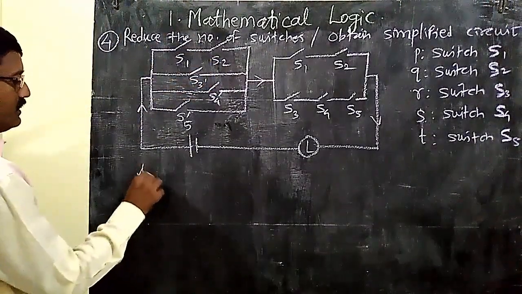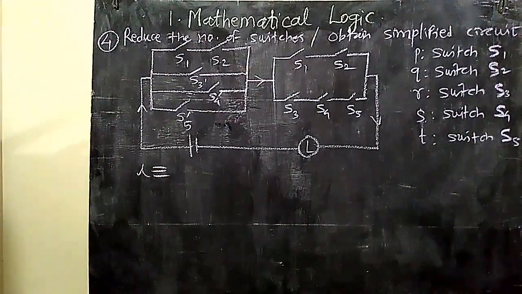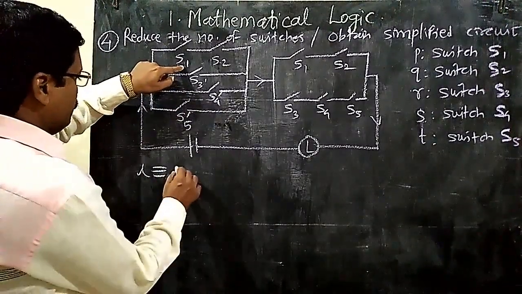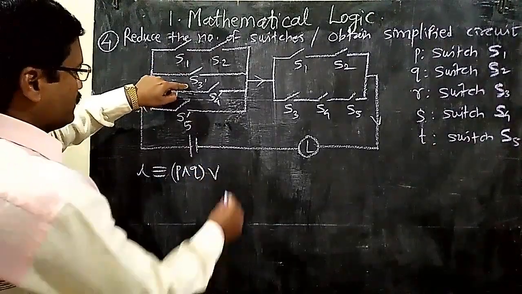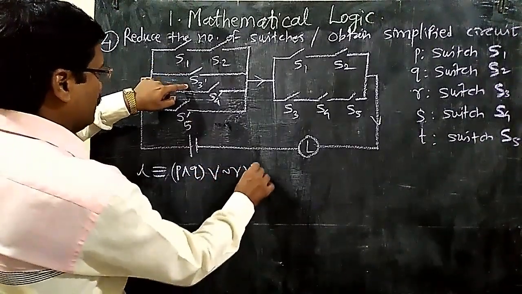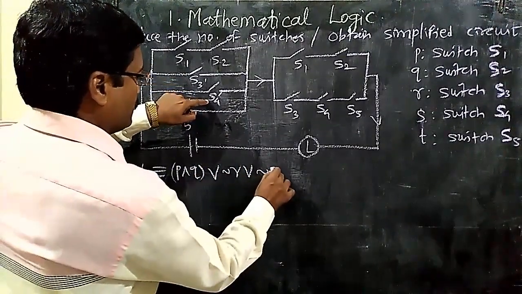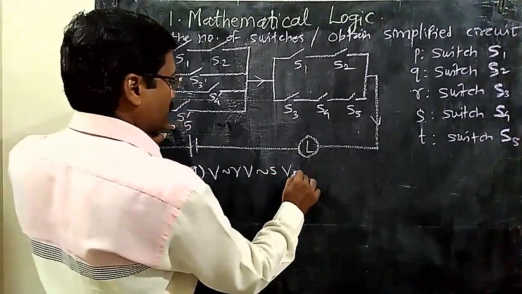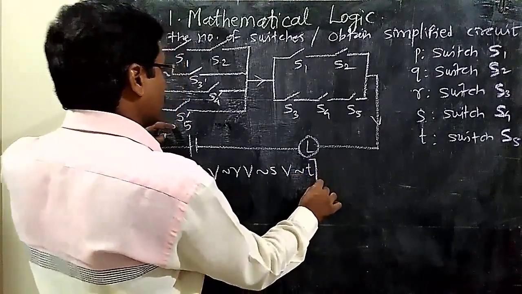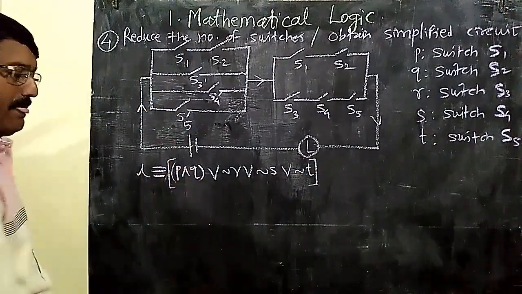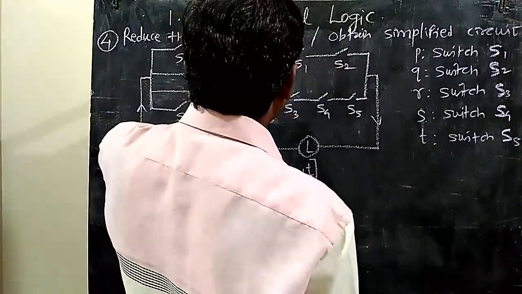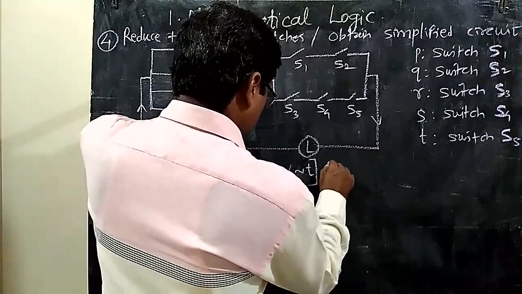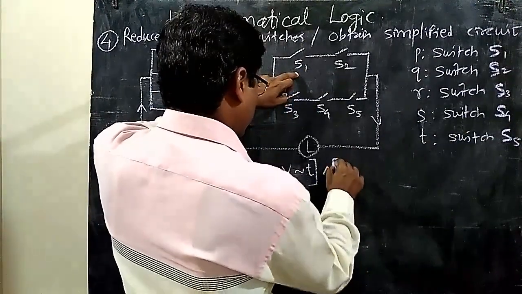So we can write the given switching circuit in symbolic form as P and Q, or S3 dash means negation of R, or S4 dash means negation of S, or S5 dash means negation of P. This is our first branch, so let us make a bracket here. Now all these switches are connected in series with the second branch, so we get a conjunction.